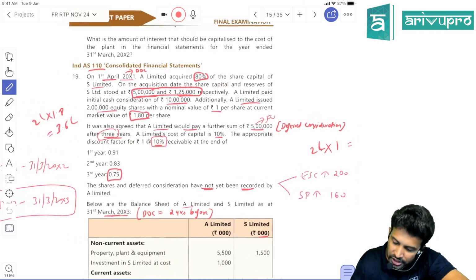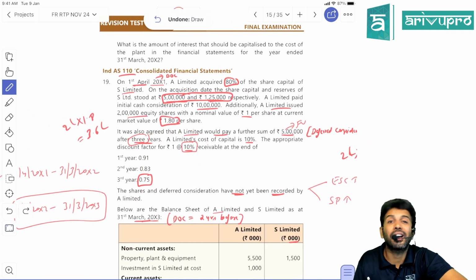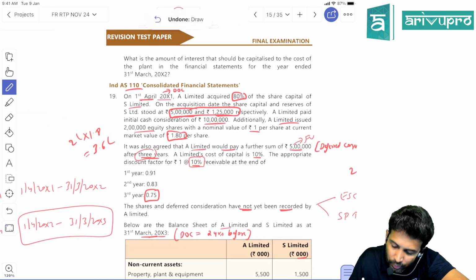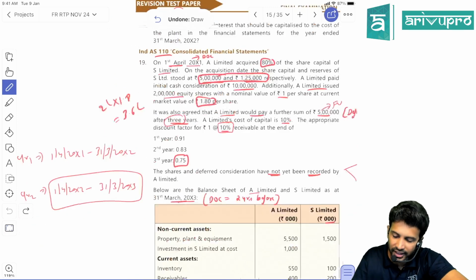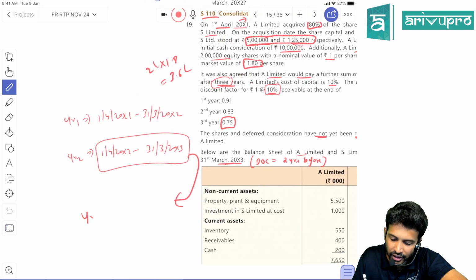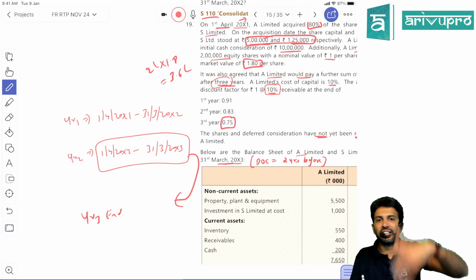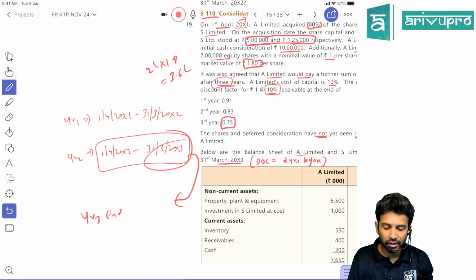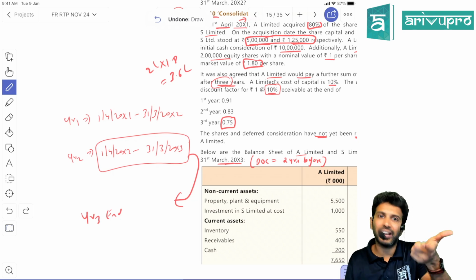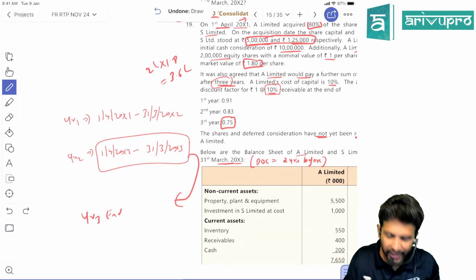That means this provision for deferred consideration will come under current liability, because settlement is after 3 years. We are in the second year, and you will settle this by the end of the third year. Anything expected to be settled within 1 year from the end of the current financial year is a current liability. We have studied this. From the balance sheet date, count 12 months.